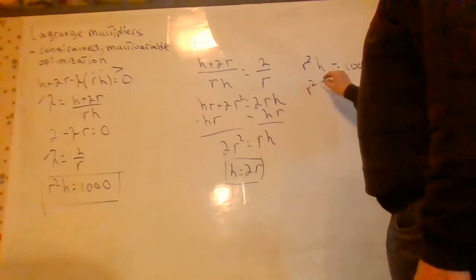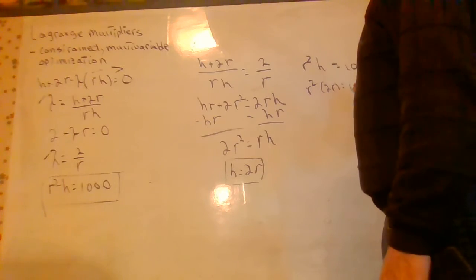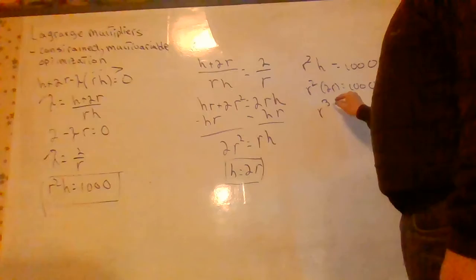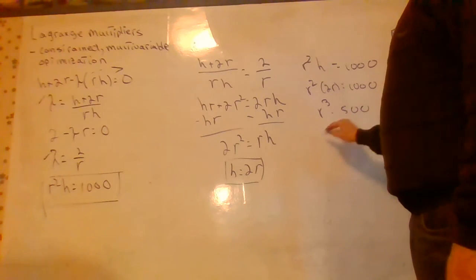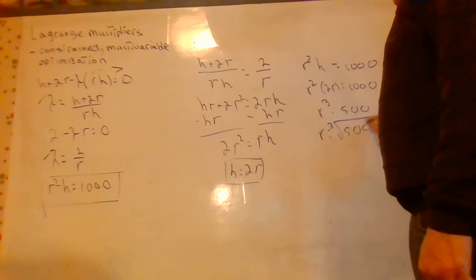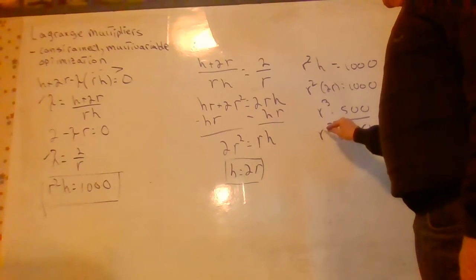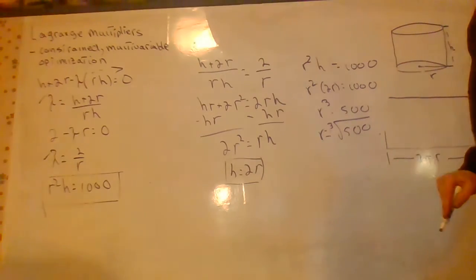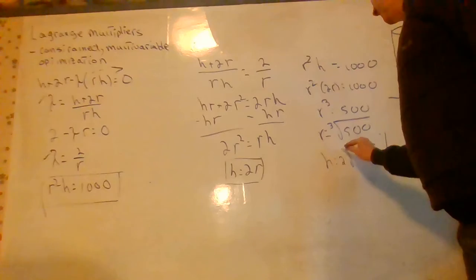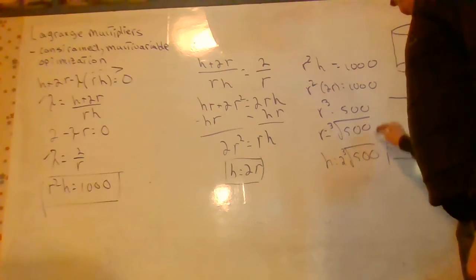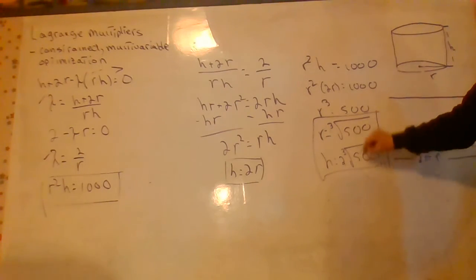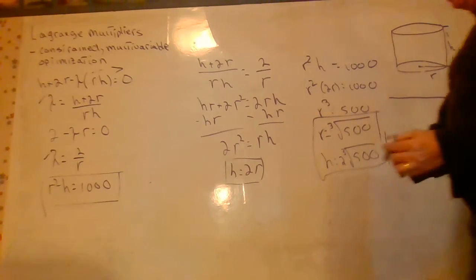Okay, r squared times 2r equals 1,000. So r cubed is equal to 500. r is the cube root of 500. It's some weird number. And h is 2r. h is equal to 2 times the cube root of 500. Those are actually the dimensions that minimize the surface area.